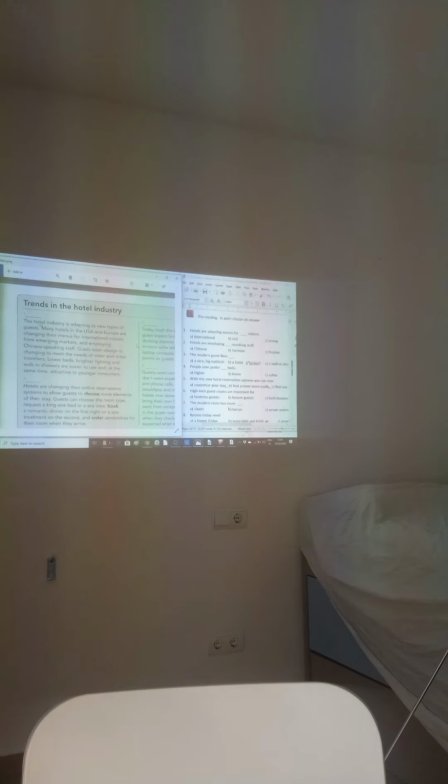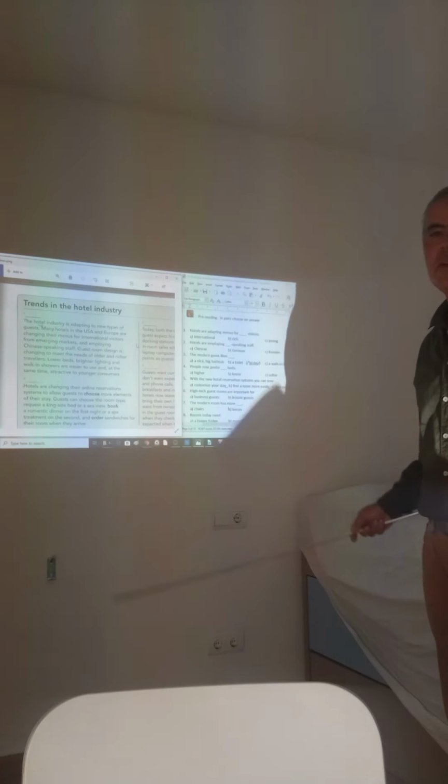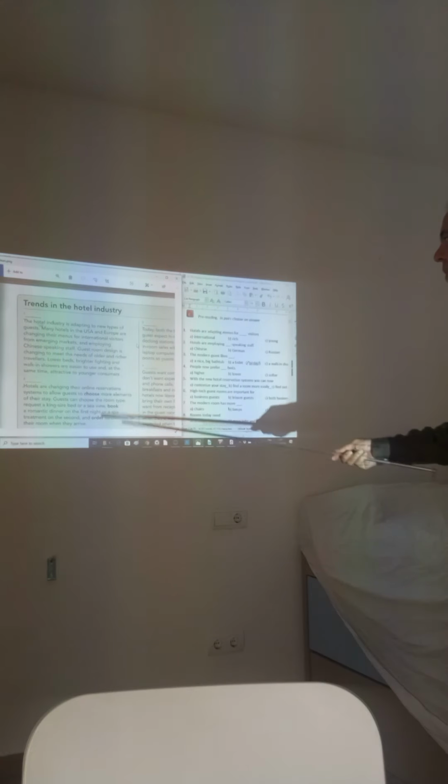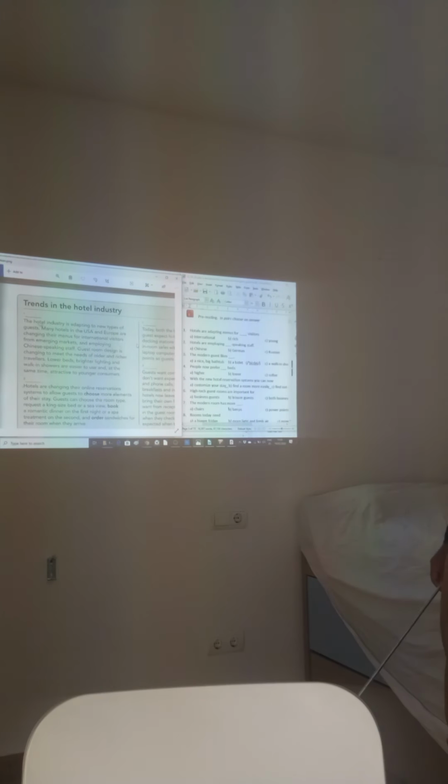Number 5, with the new hotel reservation systems, you can now customize your stay, personalizar. Some examples that we have here. Remember, you have your book. I just put it there to make it easier, but if it's too small or anything, you just get your own book.